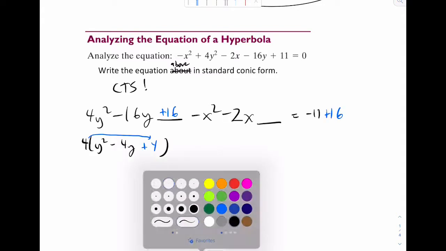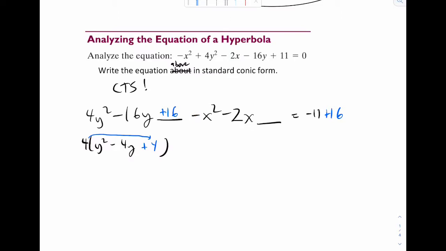And on the other part, this minus is actually really important, because when you factor that out, you get x squared plus 2x. And this shows me that I need a plus 1 here. Now, when you multiply this back in, what's tricky is that negative matters. That actually means this is a negative 1, which means on the other side I need a negative 1 to match it.